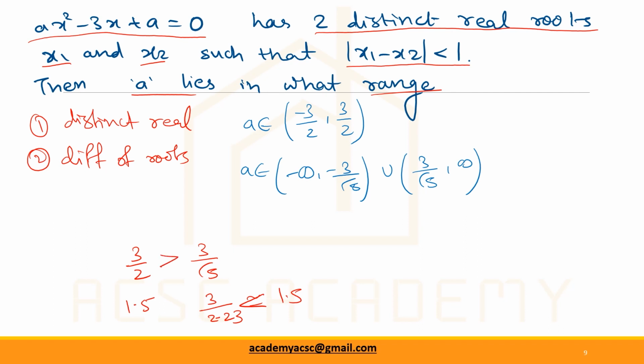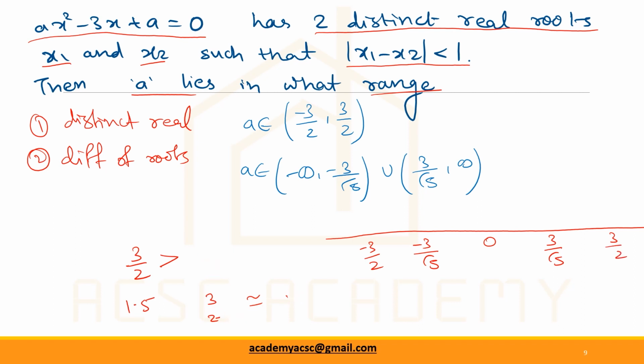So if we want to take the intersection of the two, it will be easier if we go with the number line again. You know that 3 by 2 is greater, so it will lie over here. Then here we will be having minus 3 by root 5, 0, 3 by root 5, and 3 by 2. And now let us see which are the feasible regions that we have. We wanted values between minus 3 by 2 and plus 3 by 2.